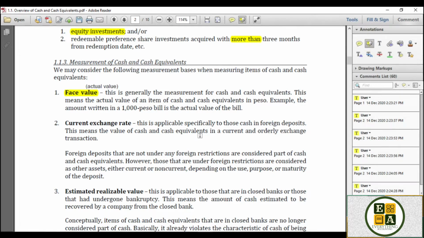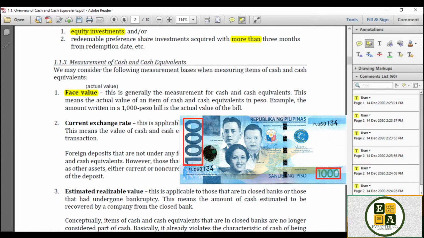Actual value ng pera. So, for example, kapag 1,000 yan, then it's 1,000. Pag 1 million, then 1 million. Okay? So, for example, in a 1,000 peso bill, basic example na lang, yung nakalagay na 1,000, dun sa mukha ng pera, okay?